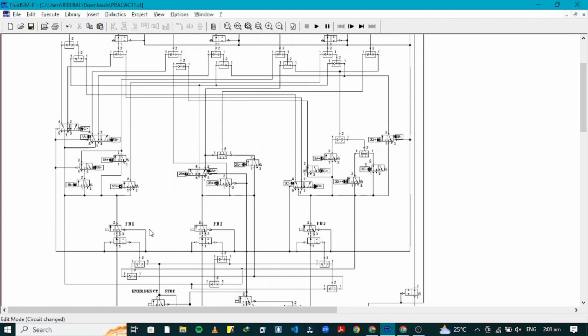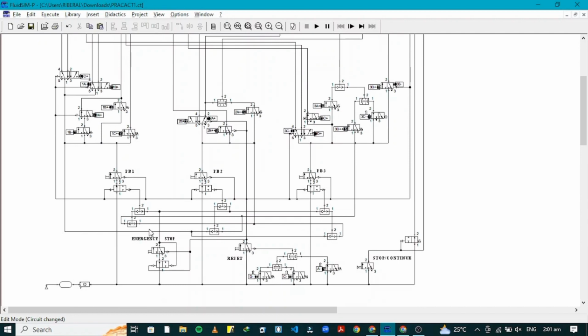Once PB1 is switched on, there is another connection coming from PB1, which is this one. The air supply flows through this connection, passes through these shuttle valves, and closes the two-way valve connected before PB2. The air supply also flows through the other connection to these shuttle valves until it closes the two-way valve connected before PB3.